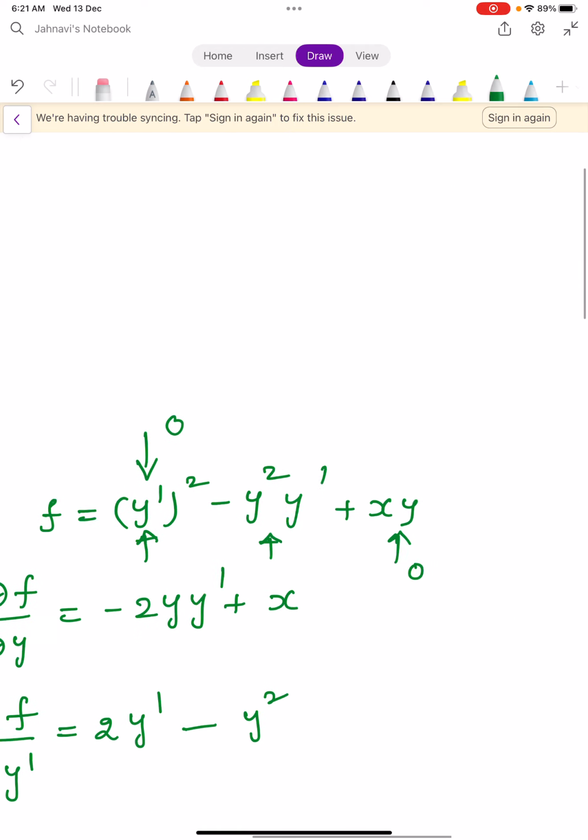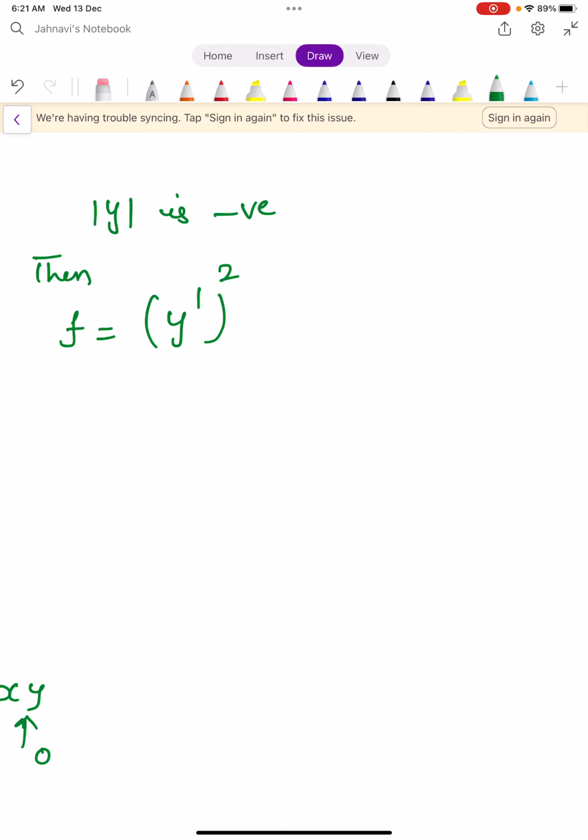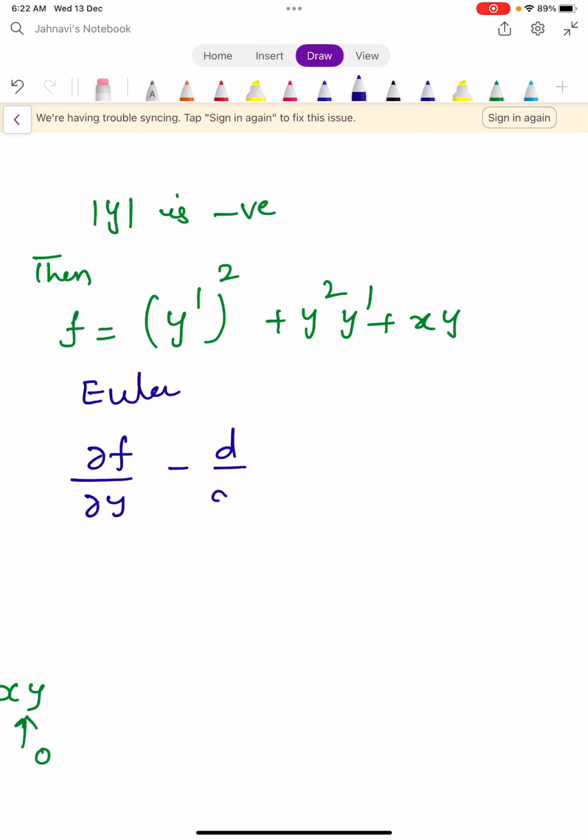So let us treat the second case. Suppose you treat mod y as negative. Then the integrand f takes the form y dash square plus y square y dash plus xy. In this case, again the Euler equation becomes dou f by dou y minus d by dx of dou f by dou y dash is equal to 0.